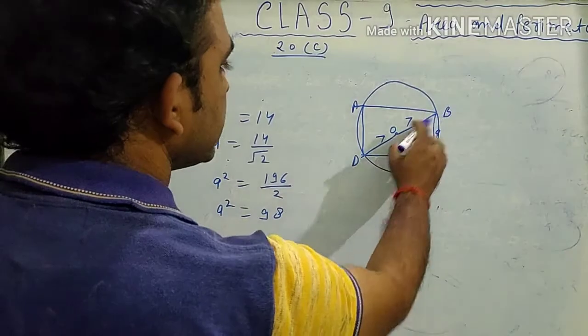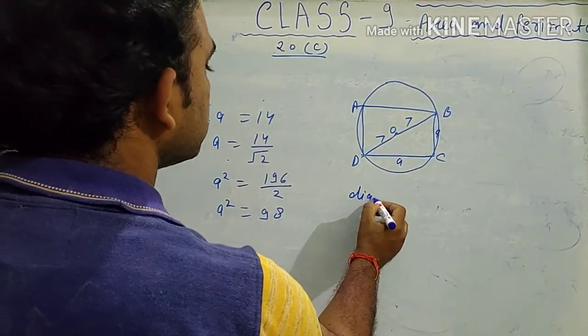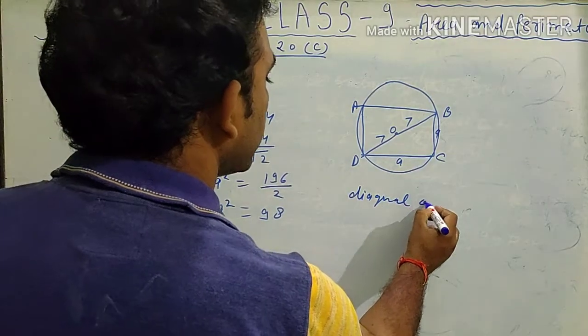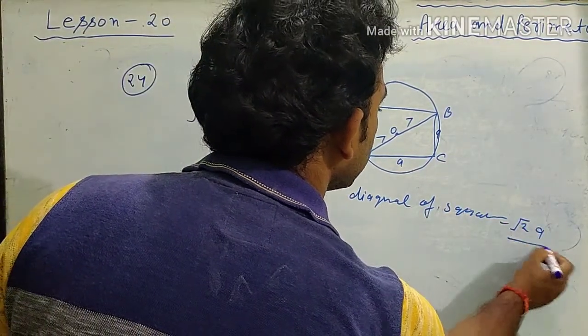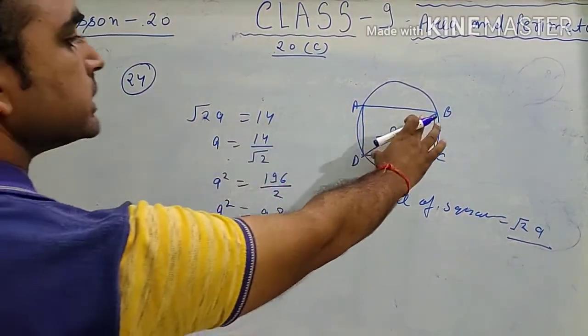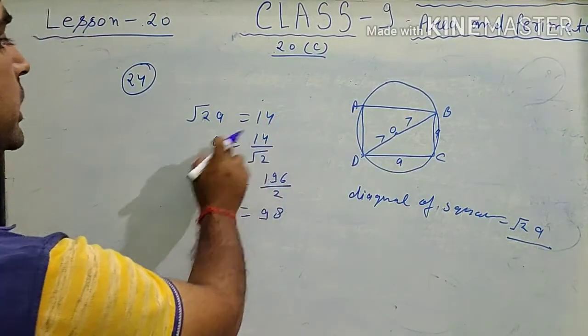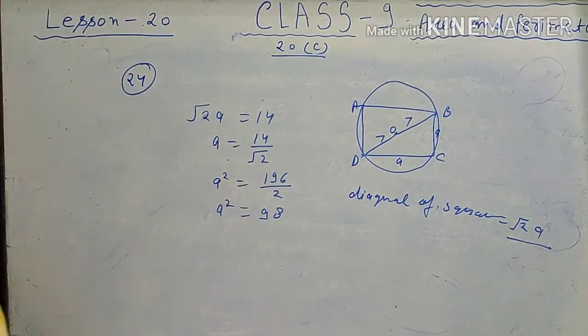Okay, the formula of diagonal of the square, diagonal of square is equal root 2 into a, root 2 into side. So root 2 into a is equal, that is given 7 plus 7 is equal 14. So a is equal 14 upon root 2. Now square both sides.